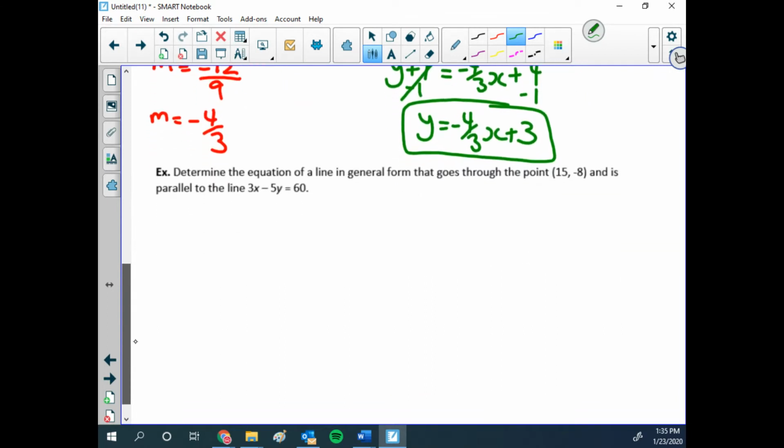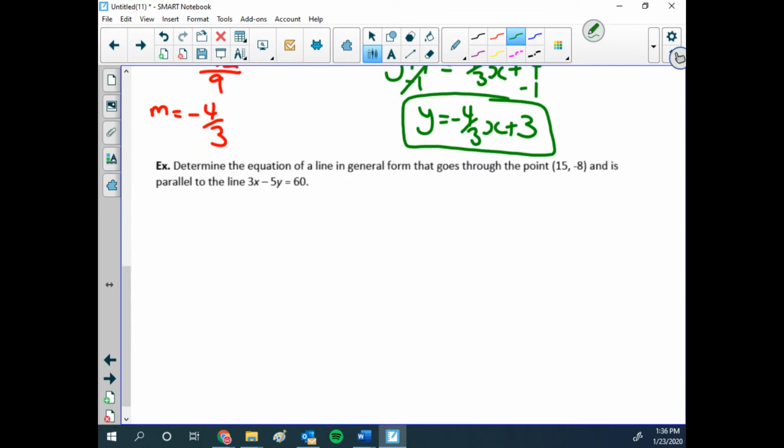All right. One last question for this section. All right, determine the equation of a line in general form that goes through the point 15, -8 and is parallel to 3x minus 5y equals 60. So general form, I can't just start there. They do give me a point, which is equal to 15, -8.